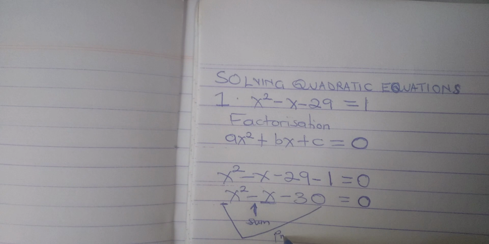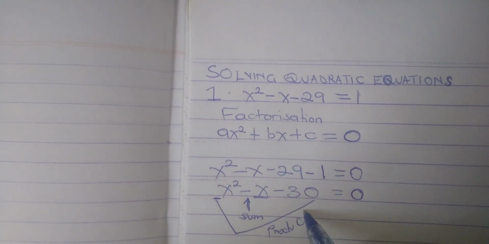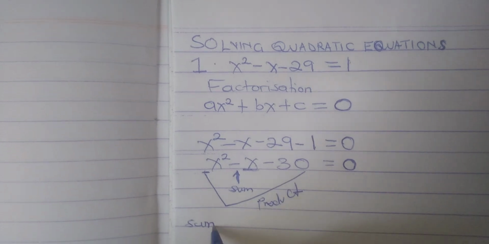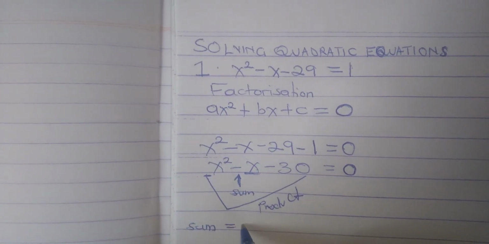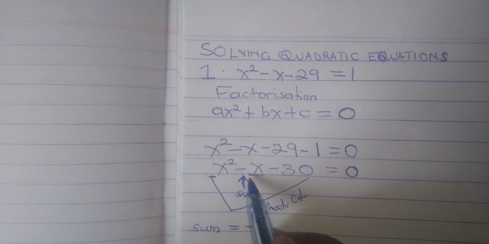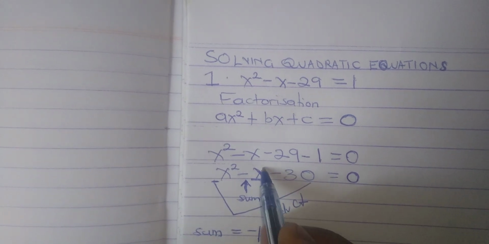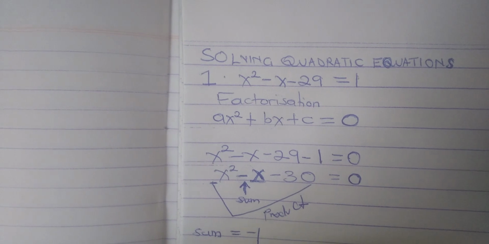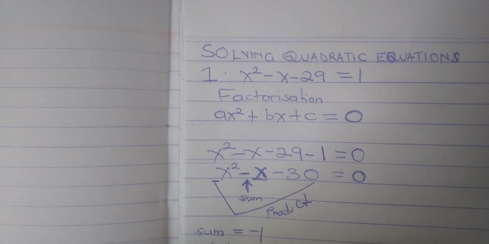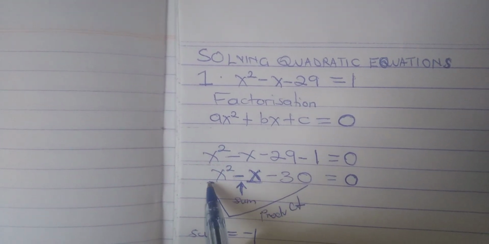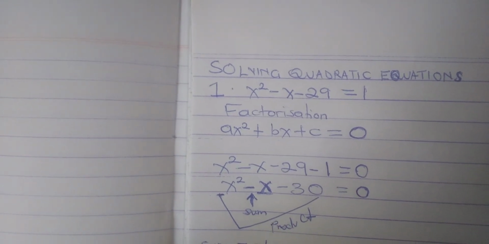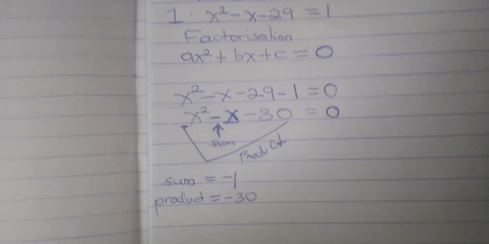Looking critically at this equation, our sum is negative 1, because the coefficient of x is negative 1. The product will be the coefficient of x squared, which is 1, times negative 30, so we get negative 30.